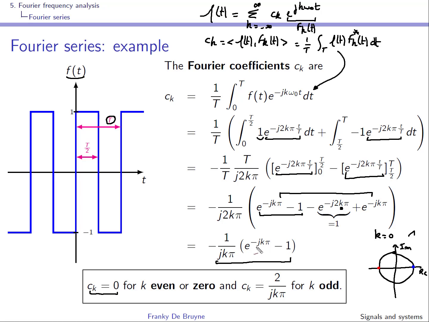So you'll have minus 1, minus 1, minus 1, 2 with a plus sign over here, and this one you could also rewrite as minus j2 over kp. This would be another way to write things.